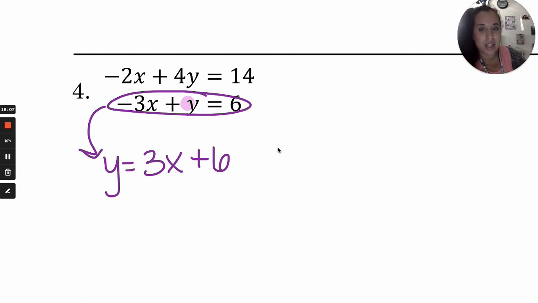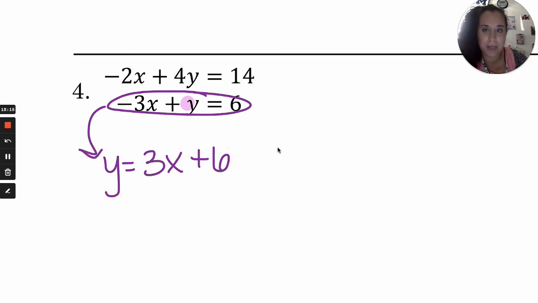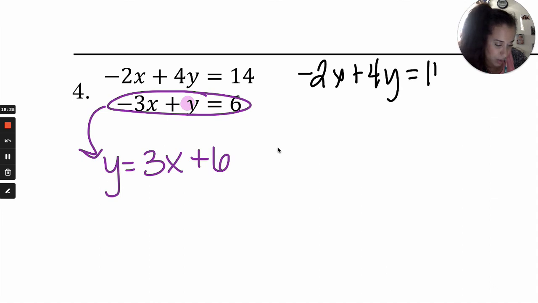I'm going to plug it into the top equation. All right, so this equation right here, we're going to take it, plug it in to that top equation. So we have negative 2x plus 4y is 14.